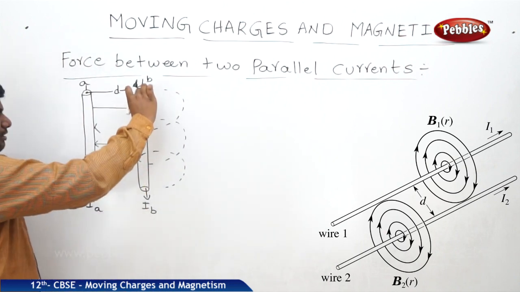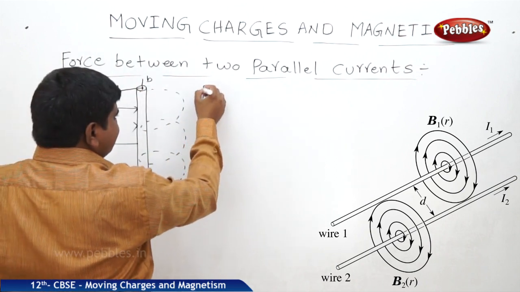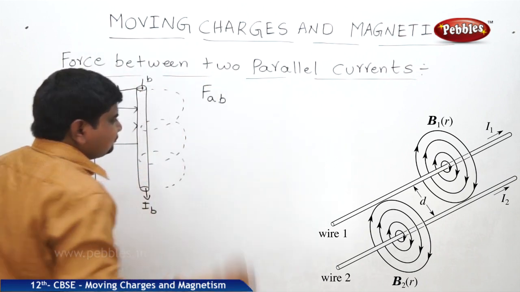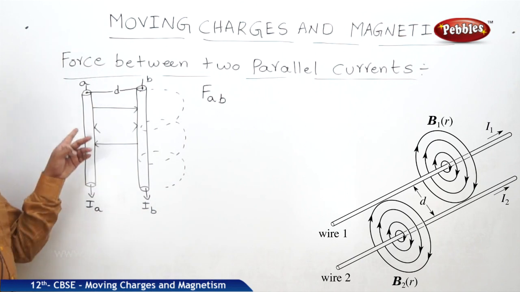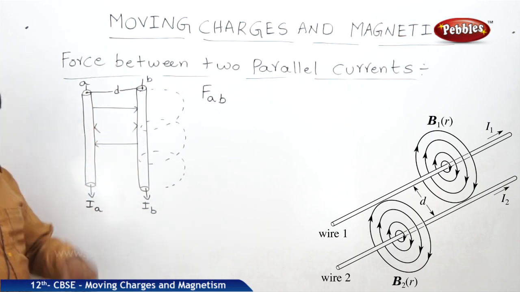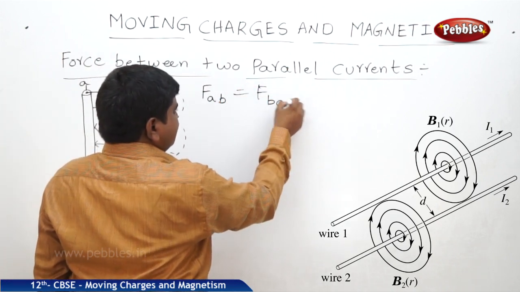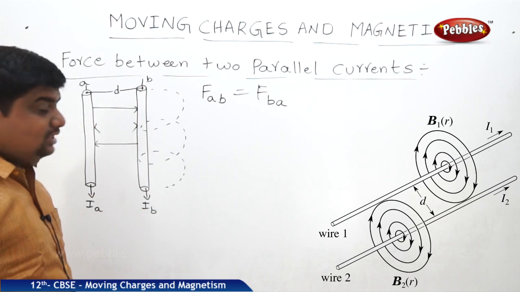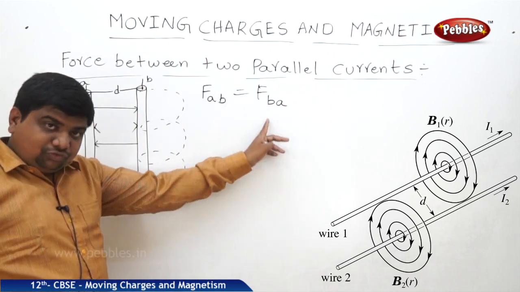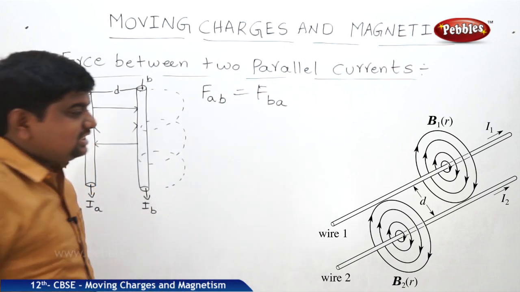The force acting on rod B with respect to rod A is called FAB. The force acting on rod A with respect to the rod B is called FBA. We can apply the Newton's third law of motion. These two forces on each other are same in magnitude but opposite in direction.